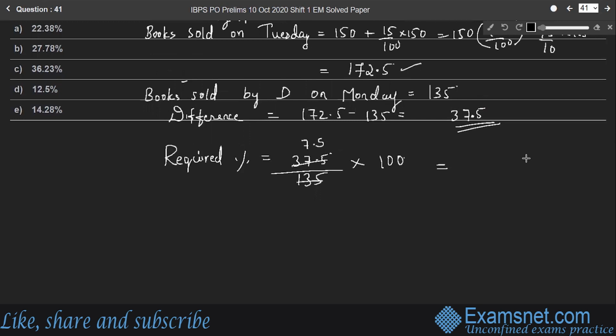So 5 into 27, right? So divisible by 3, right? 3 into 2, 3 into 5, 2.5, 9, right? So you will get 2.5 into 100 by 9, which is 250 by 9, right? So you will get 27.78%.